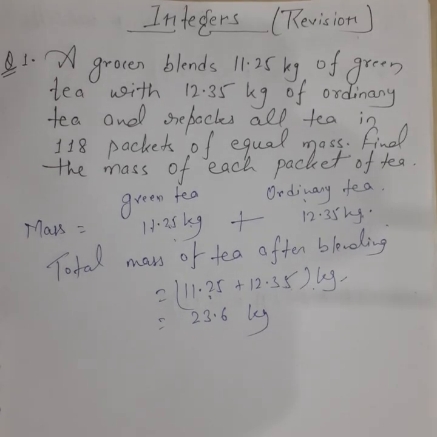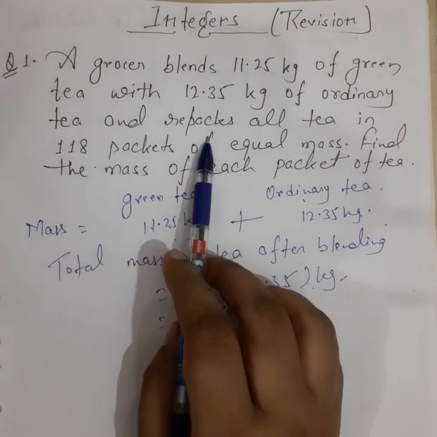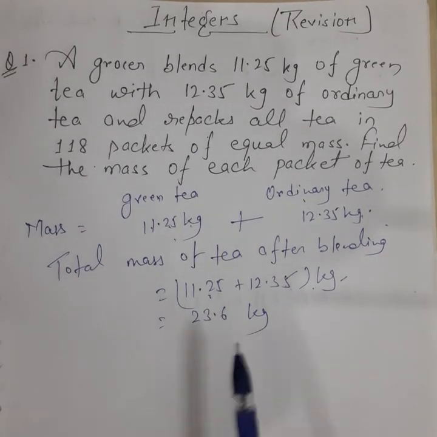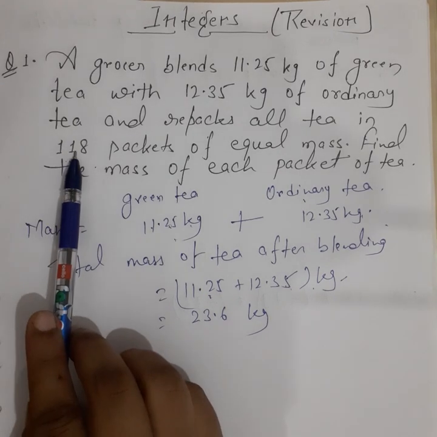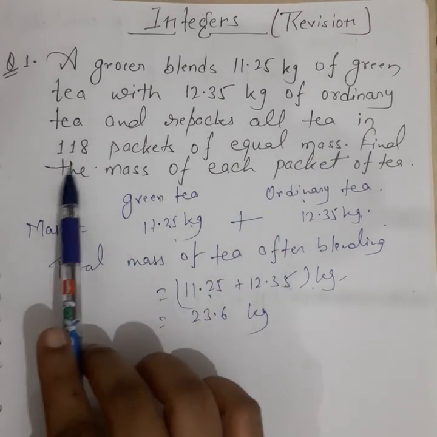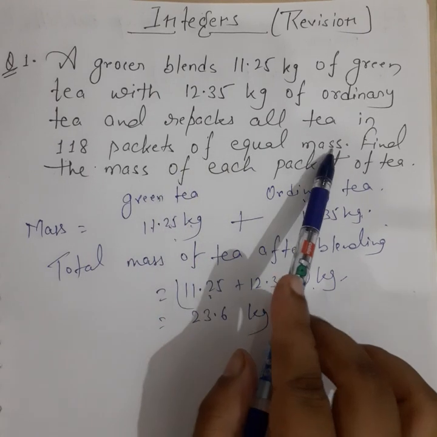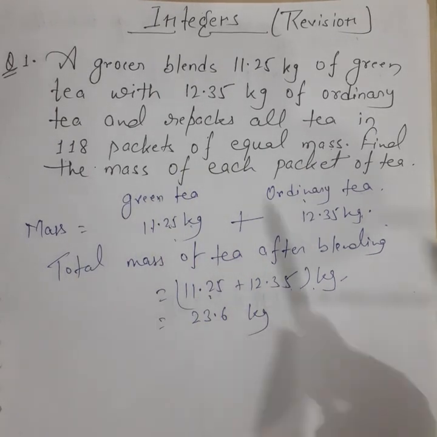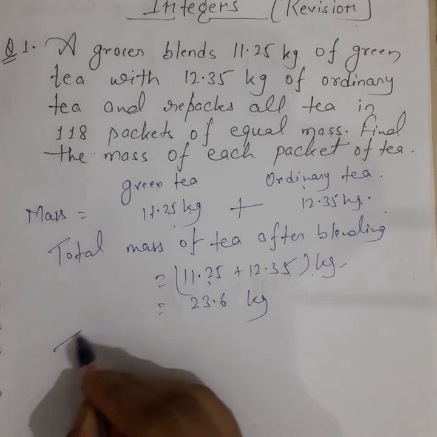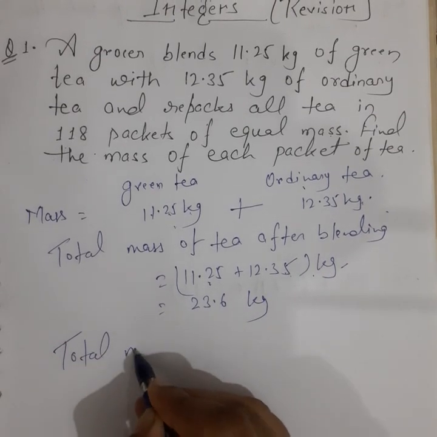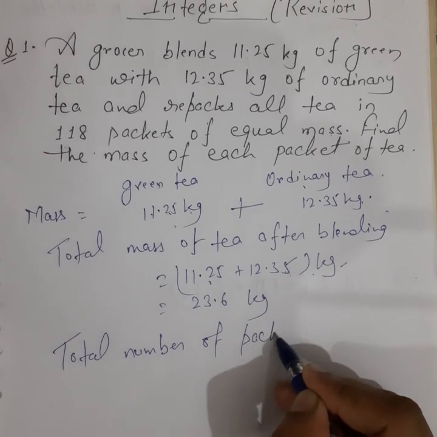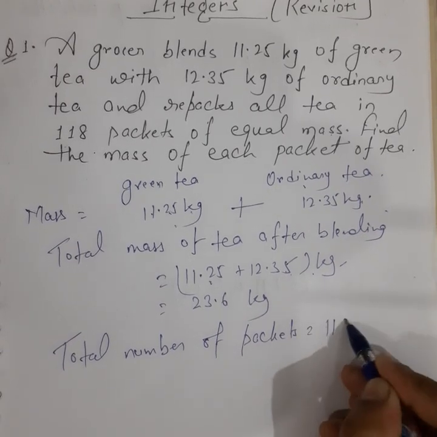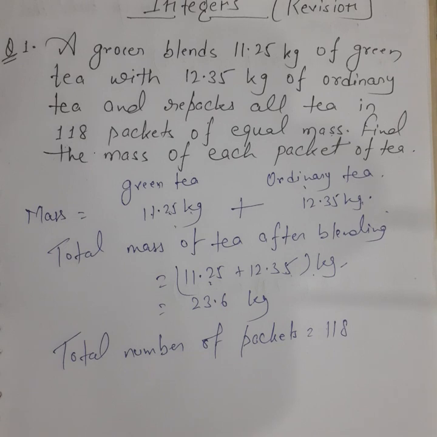Now the grocer repacks the tea in 118 small packets. The grocer repacks all tea in 118 packets of equal masses. Find the mass of each packet. Total number of packets is equal to 118. And what we have to find out?